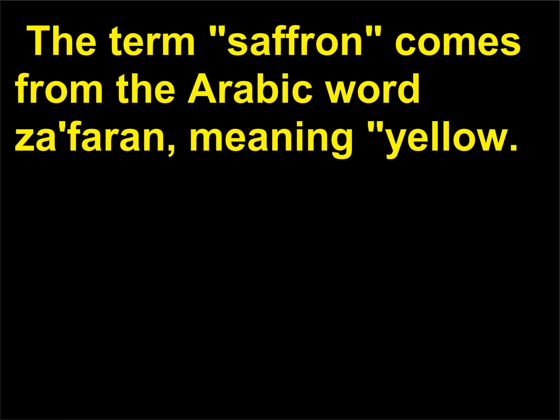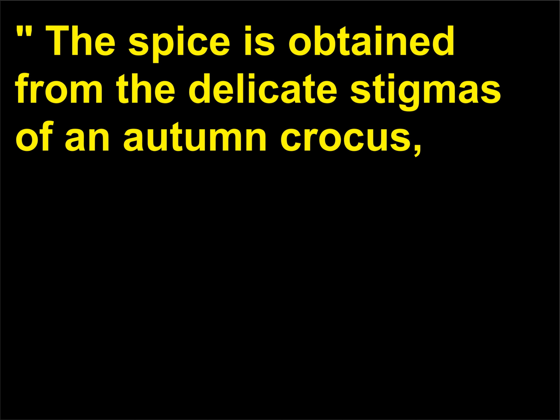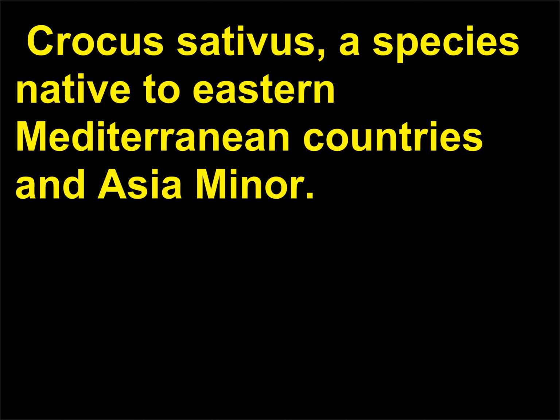The term saffron comes from the Arabic word za'afaran, meaning yellow. The spice is obtained from the delicate stigmas of an autumn crocus, Crocus sativus, a species native to eastern Mediterranean countries and Asia Minor.